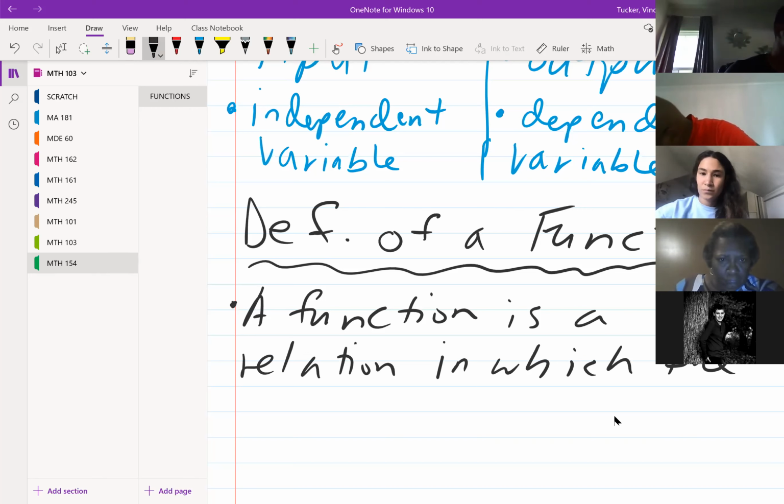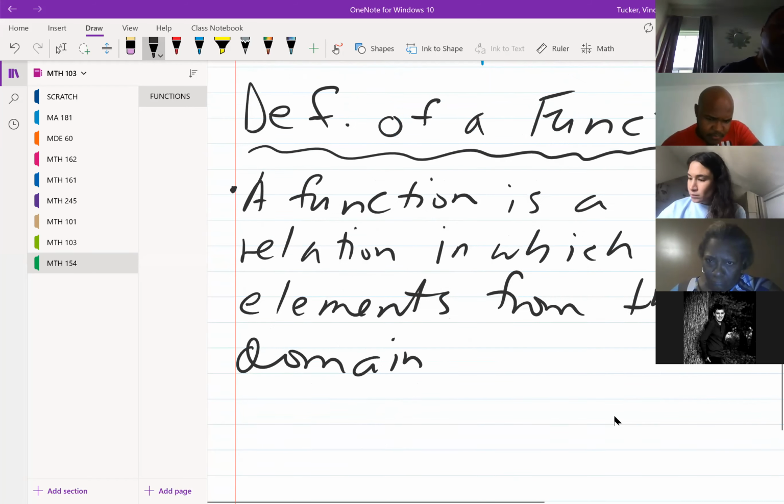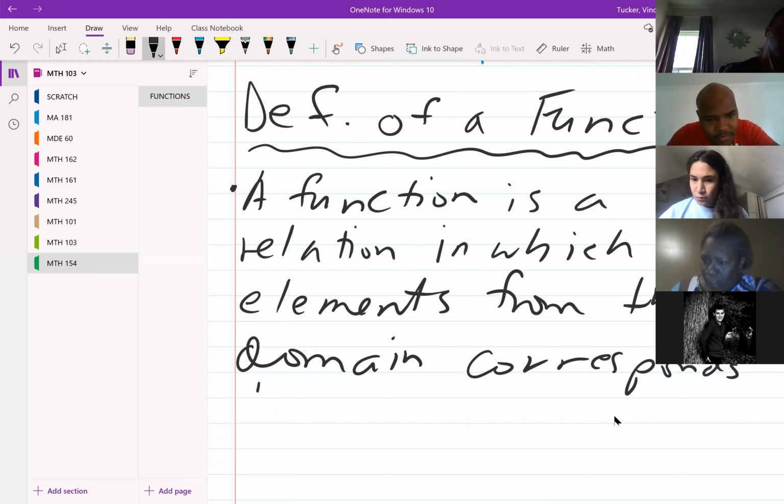How do I want to write it? Let's say one element since I see element.